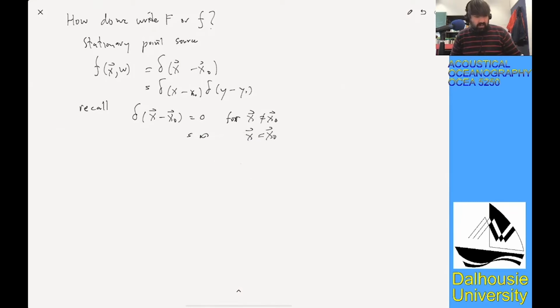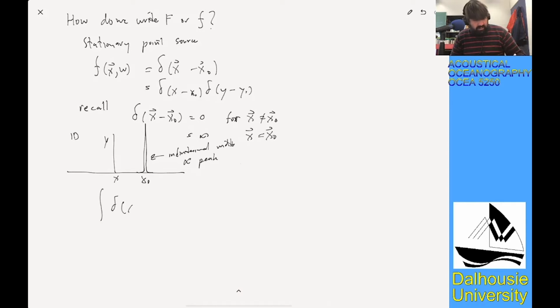And so the most familiar form, in 1D, is this big peak, which I've mistakenly given some width. This should have infinitesimal width, infinite peak. And that combination is such that if you take the volume integral over the three-dimensional function, you get 1. Or simply the one-dimensional integral over the one-dimensional function, etc.